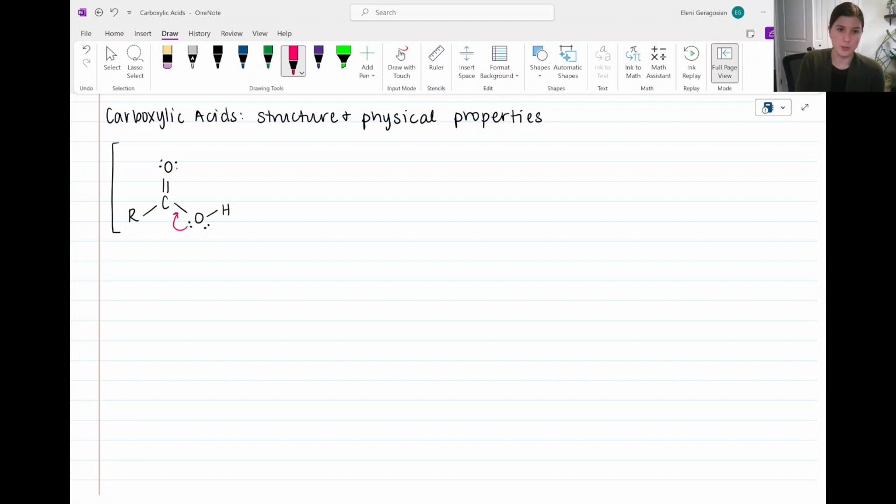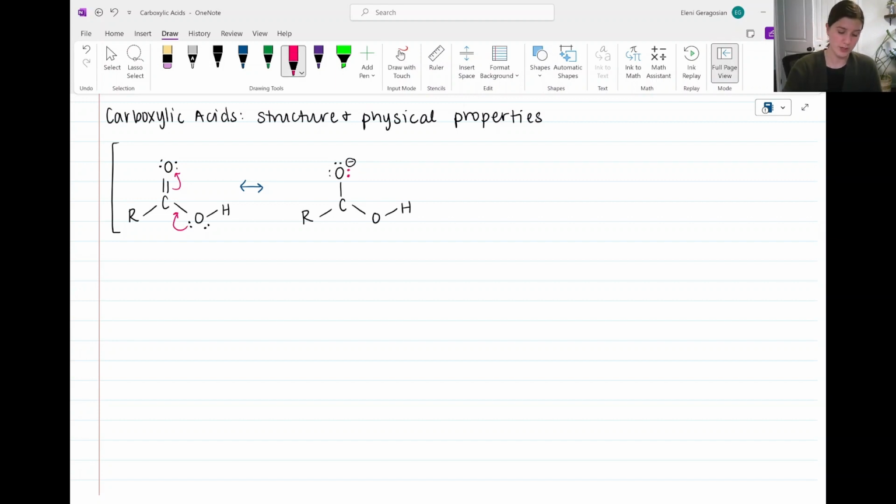It can create a double bond between the carbonyl carbon and itself, and then break the double bond of the current carbonyl. And so if we draw the result of that resonance structure, we now have an additional pair of electrons on what was the carbonyl oxygen, so that now has a negative charge.